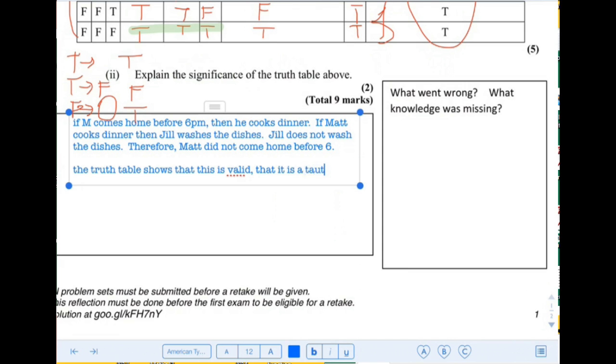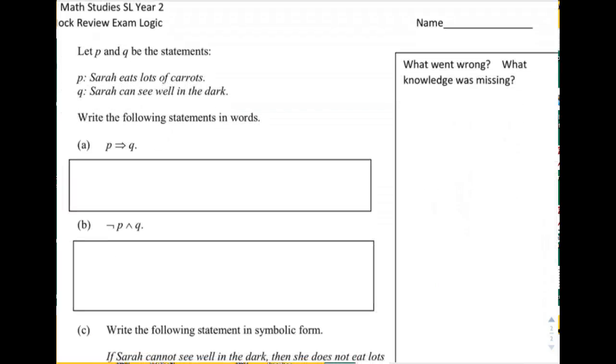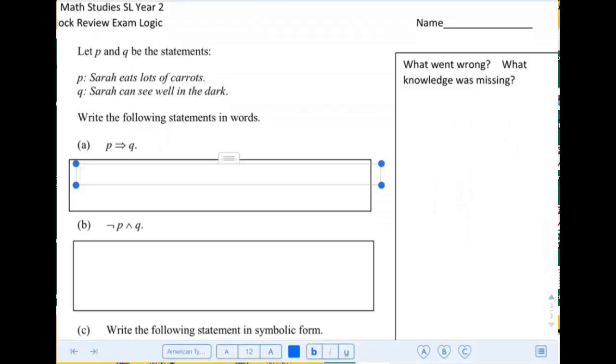Okay, moving on. Let P and Q be statements. P, Sarah eats lots of carrots. Q, Sarah can see well in the dark. Write the following statement in words. P implies Q, or if P, then Q. So if Sarah eats a lot of carrots, then she can see well in the dark.